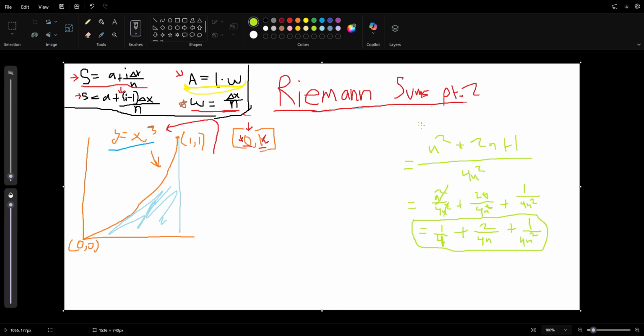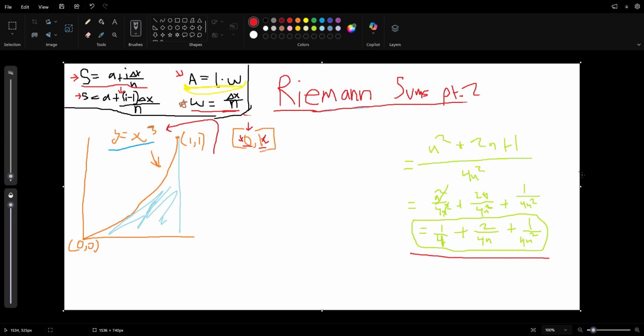Now, there's another step to take for this, and that is finding it through the limits. Since we already know the equation for the area under the curve, we just need to find the limit definition for it, so that we can find its true definite value.